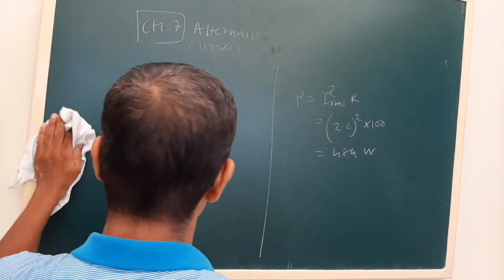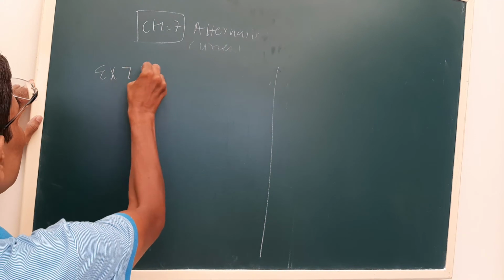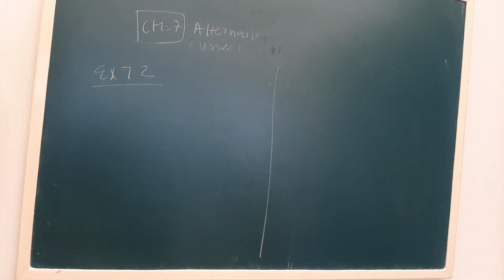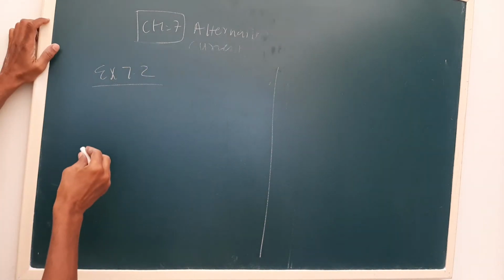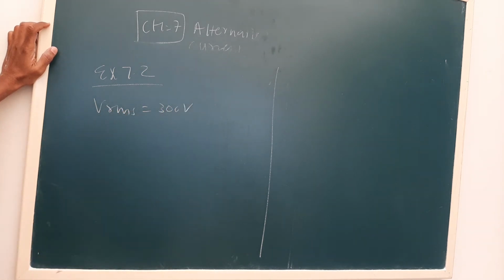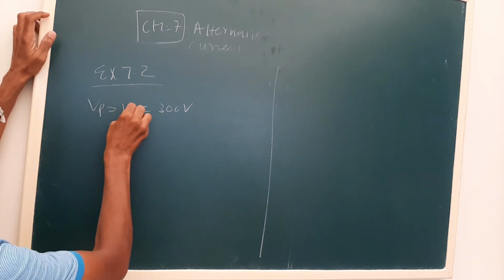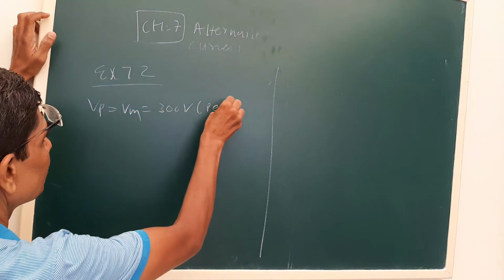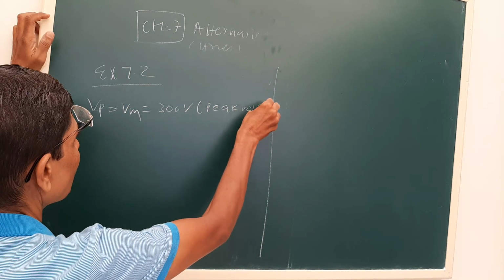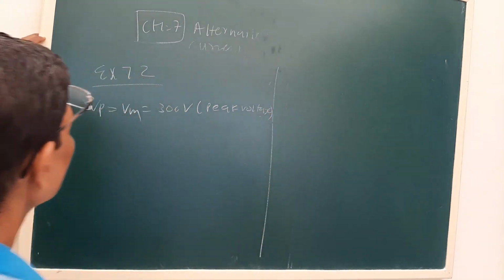Now next is exercise sum number 7.2. Here the VRMS is given as 300 volt. Okay, what is the R? Peak voltage is given as 300 volt.